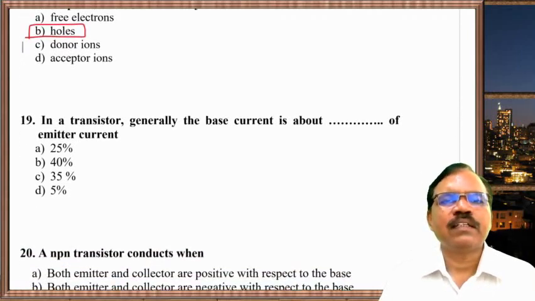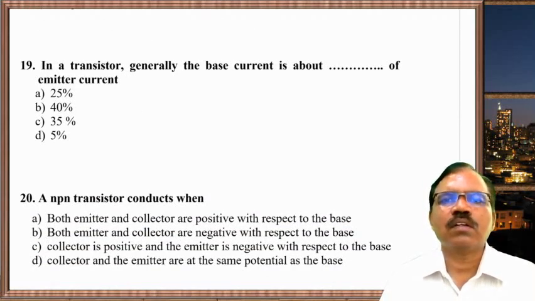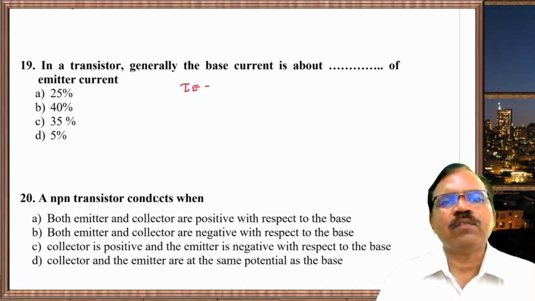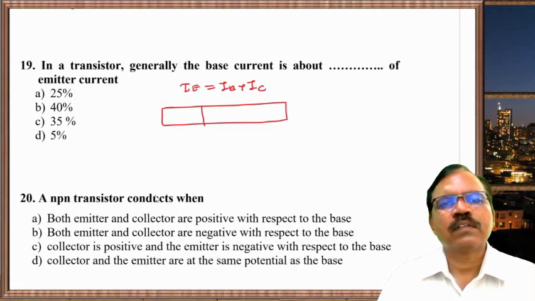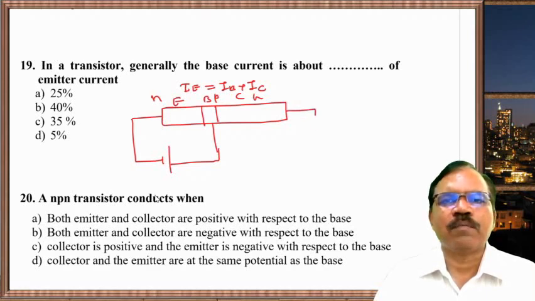In a transistor, the base current is about a small fraction of emitter current. So here we have IE is equal to IB plus IC. So if we have transistor, this is emitter, base, collector, and suppose this is NPN, then we connect these to negative, positive, because base emitter junction is forward bias and this junction is reverse bias.